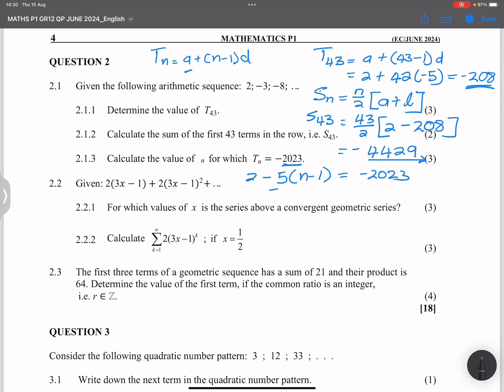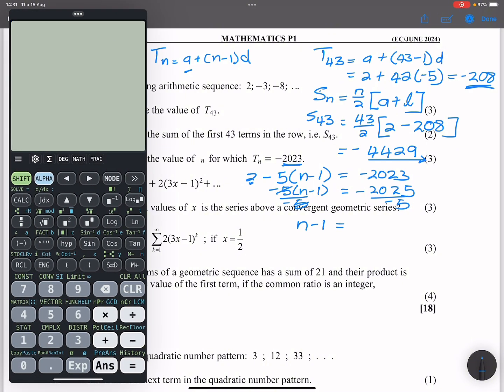So we've got negative 5 into n minus 1. If I take the 2 to the other side, that becomes negative 2, so this will give me negative 2025. Okay, so I can divide by negative 5 on each side. So I'm left with n minus 1 equal to 2025 divided by 5, which gives me 405.